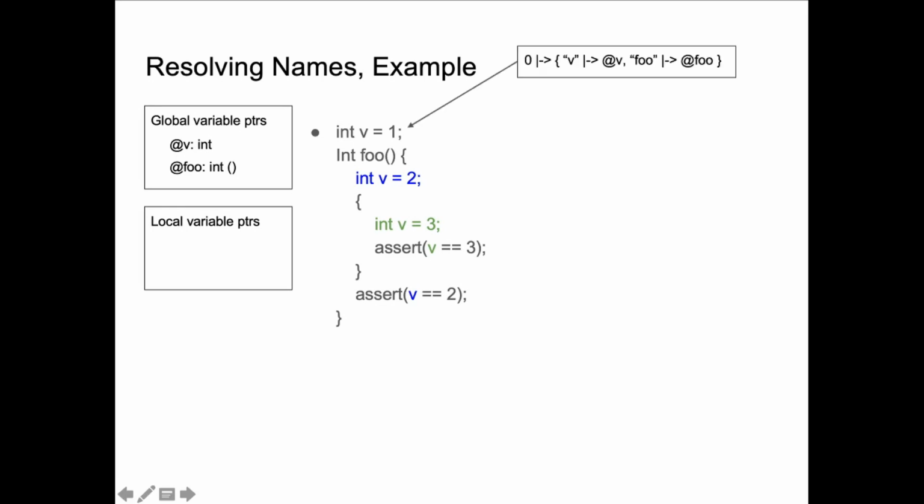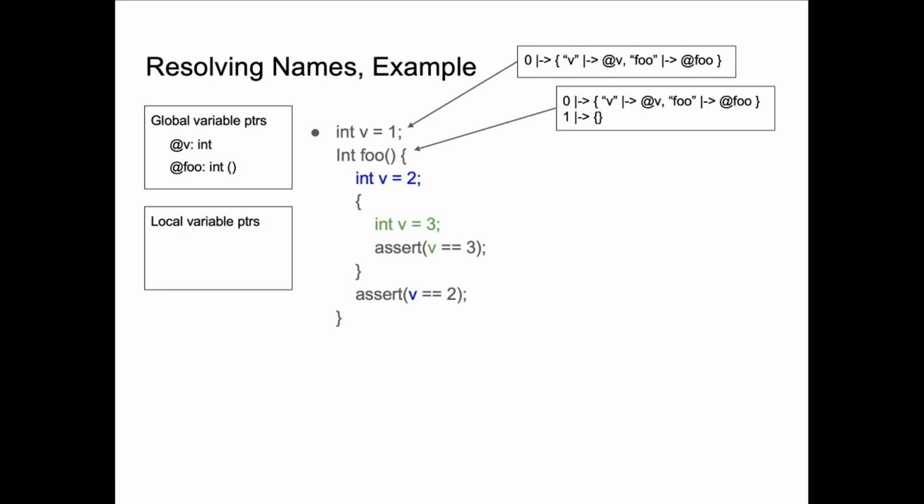Now, at the layer 0, you are going to have a mapping like this. v points to &v, because the name v should be resolved into the global variable v, and foo should be resolved to the global variable declaration foo. That is a function pointer. And at the beginning of the function, it is going to push a new layer at the top, the layer 1, because it is beginning a block here.